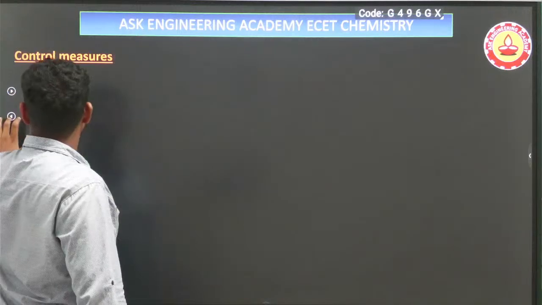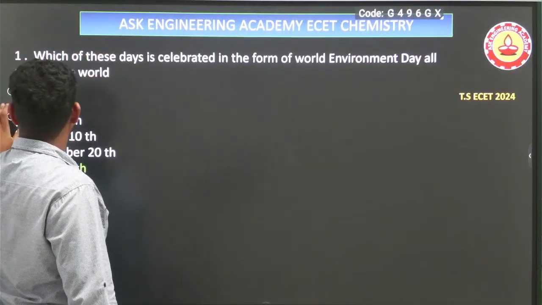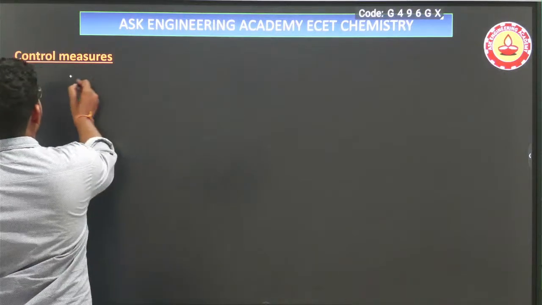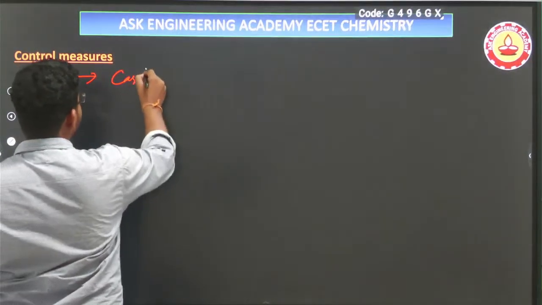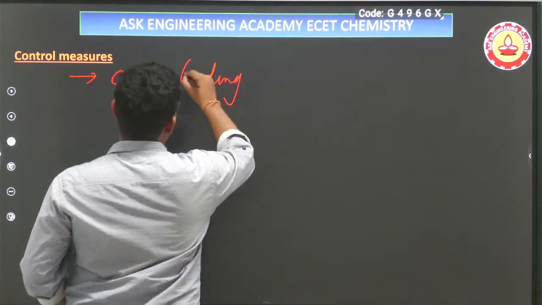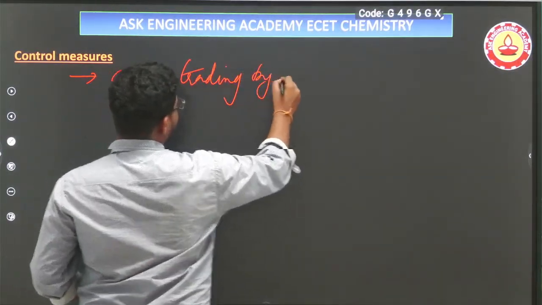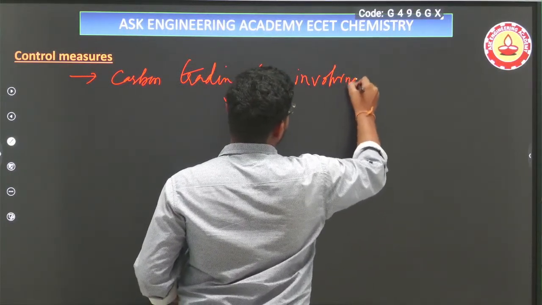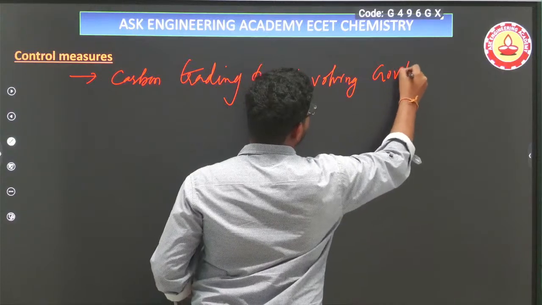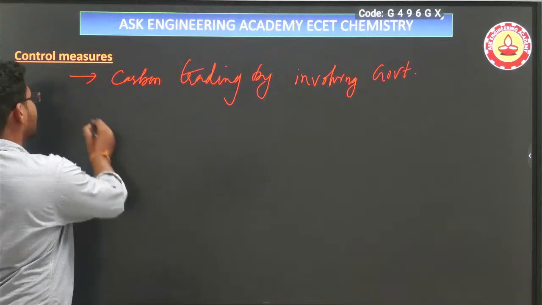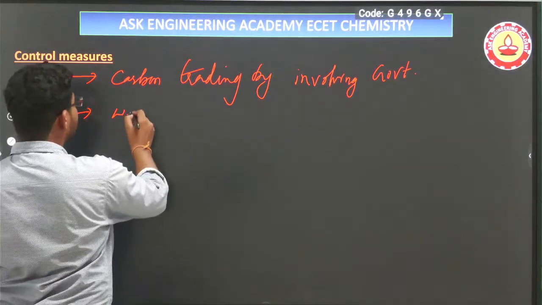And next, control measures. Carbon trading can be monitored and controlled by the involvement of various government organizations, and by taking up welfare organizations.